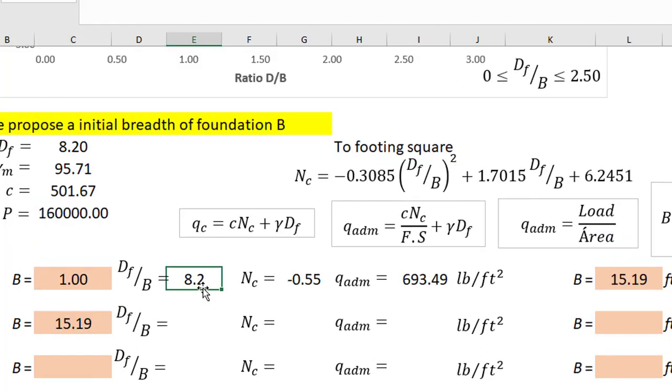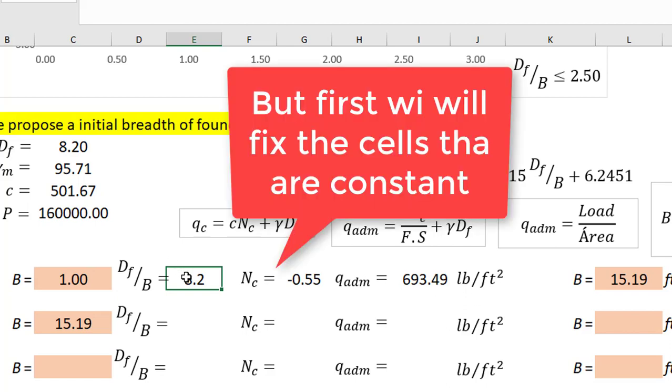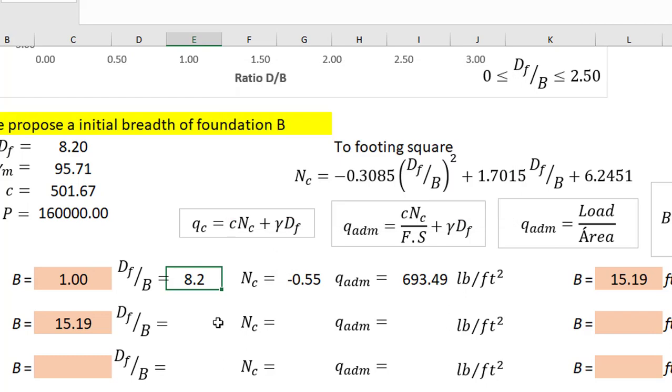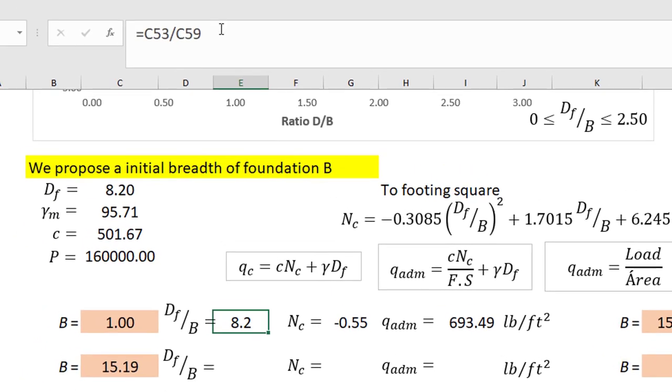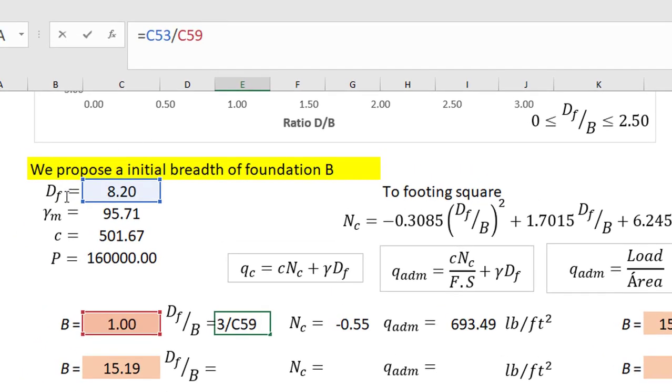We will copy these values, but first let's fix some values. In this one, we will fix the depth of foundation level because it's gonna be constant.